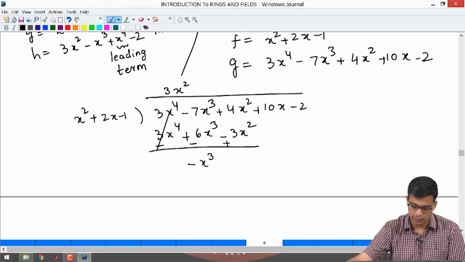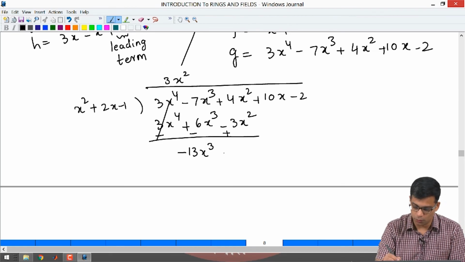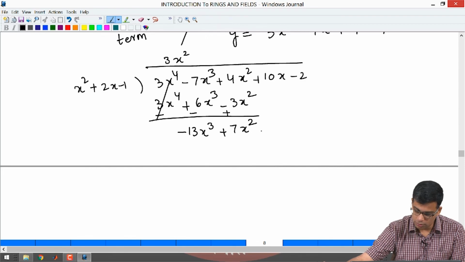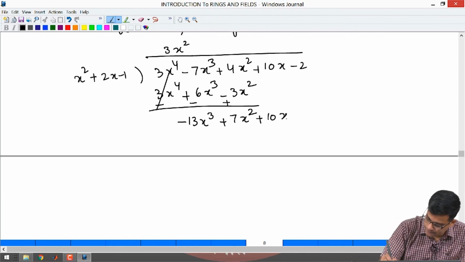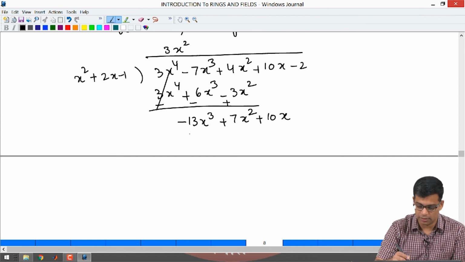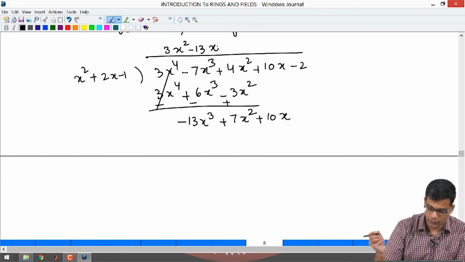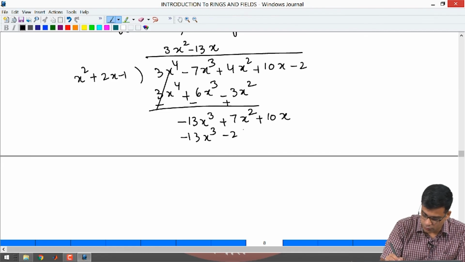So, minus 7 minus 6 is minus 13x cubed, and you have 7x squared, and you can also bring down 10x. Next you want to cancel minus 13x cubed. So, you get minus 13x here, right. That is minus 13x cubed minus 26x squared plus 13x.